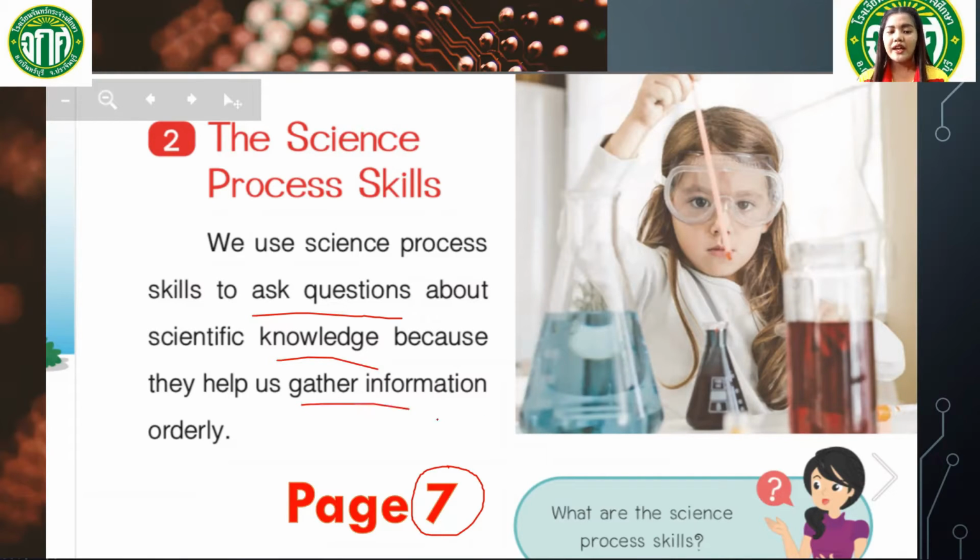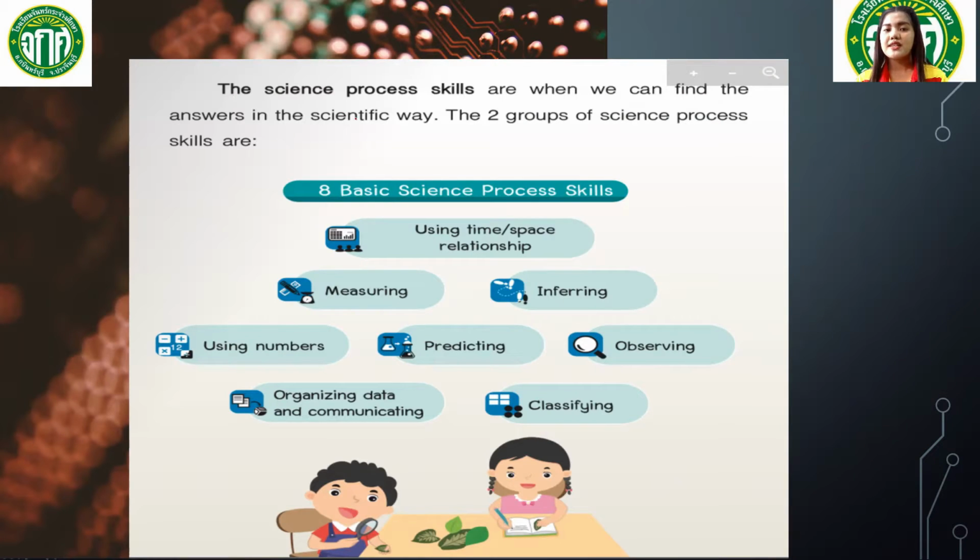So the science process skills are when we can find the answers in the scientific way.